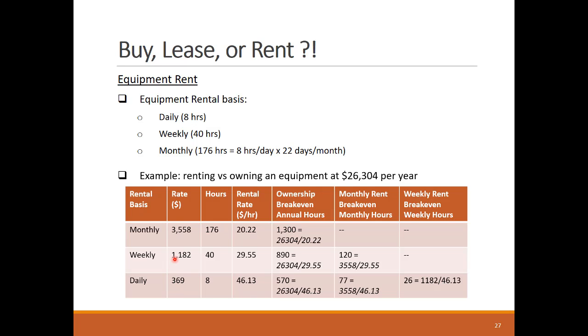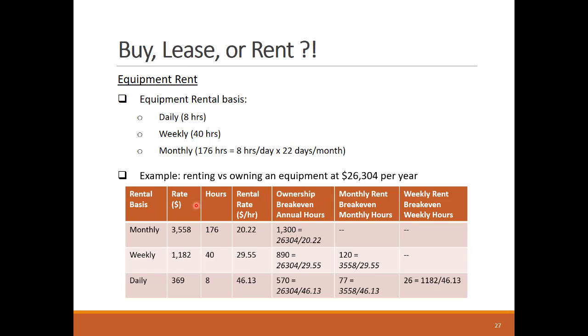The rental hourly rate is figured out by dividing each basis rate over the number of involved hours. For example, the monthly rented equipment will have an hourly rate of $20.22 by dividing the monthly rental rate over the number of expected operation hours per month.